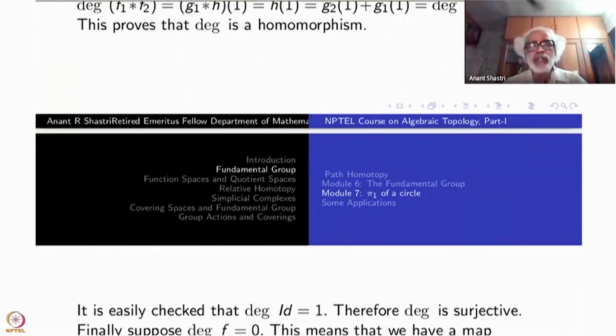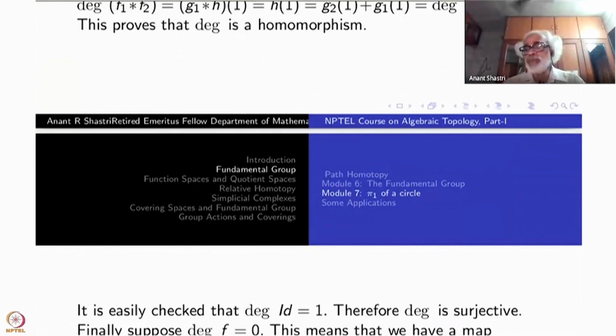That means the degree of the identity loop is 1. Any homomorphism into Z which assumes the value 1 must be onto the whole of Z. It must be surjective because 1 is a generator. So that proves that the degree map is surjective.